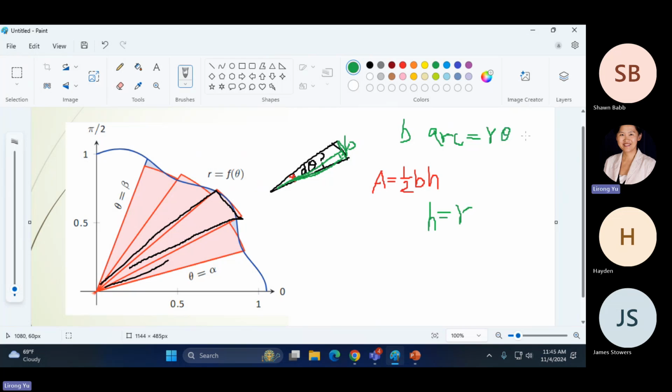Because if you have a big circle, the entire circumference is measured by 2 pi r, meaning it's essentially r times the angle for the whole circle. That gives us the idea that the length of the arc depends on the central angle. The smaller the angle, the smaller the arc.